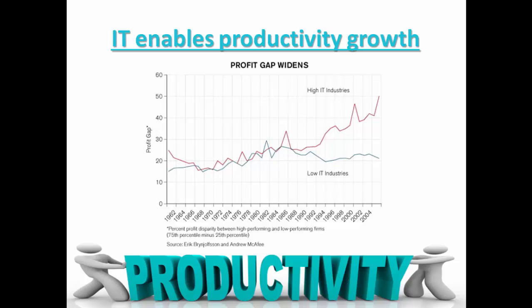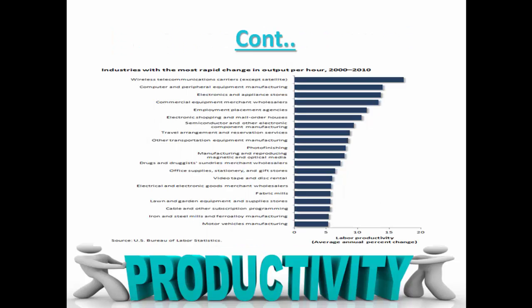Thanks, Sachin. Hello, everyone. Talking on the same topic, how IT enabled labor productivity growth. The figure shows the details for the industries with the most rapid changes in output per hour between 2000 and 2010.